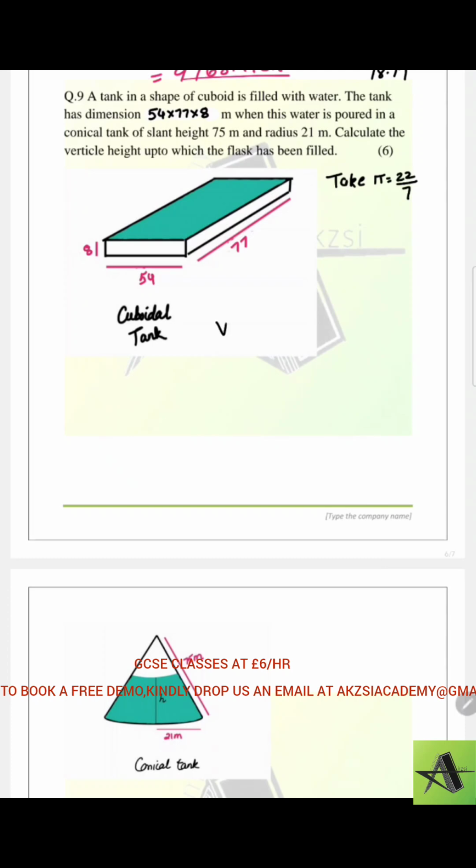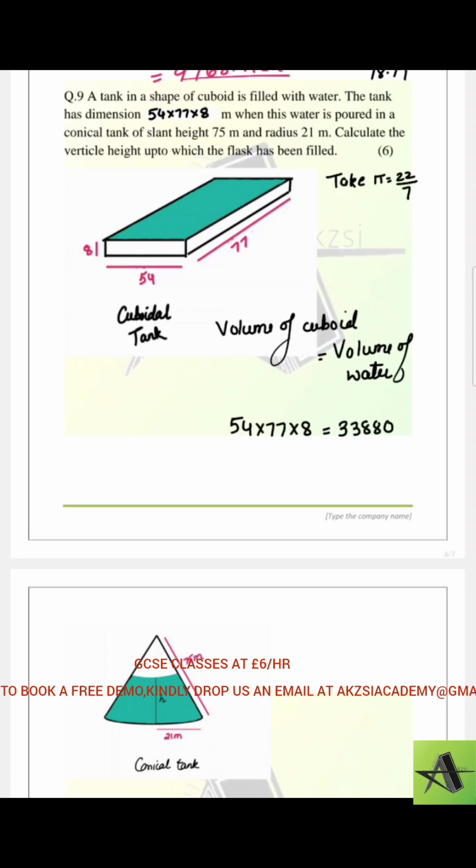That means if I calculate the volume of this cuboid, I'll be able to calculate the volume of this water. So obviously, volume of cuboid is equal to volume of water. We know the volume of a cuboid is length times width times height, so it would be 54 times 77 times 8.